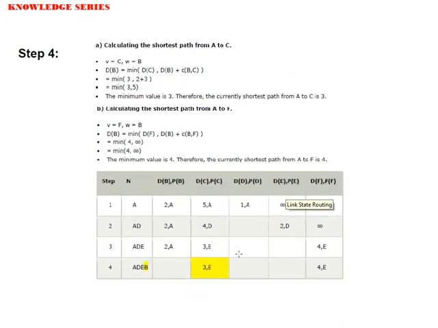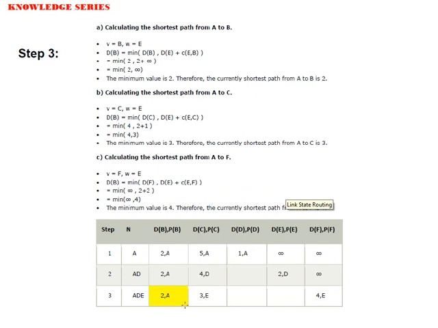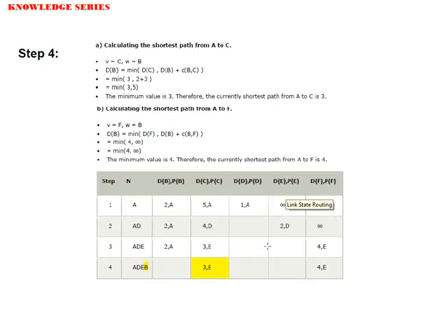Now coming to the fourth, among this one, which one is small? This one is small. Now the fourth link we try to see. In the fourth link, we have to see only this and this.